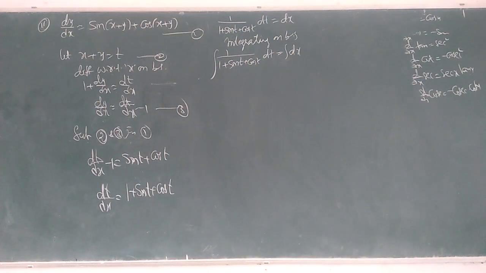When the denominator comes in terms of sin and cos, what do we have to achieve?